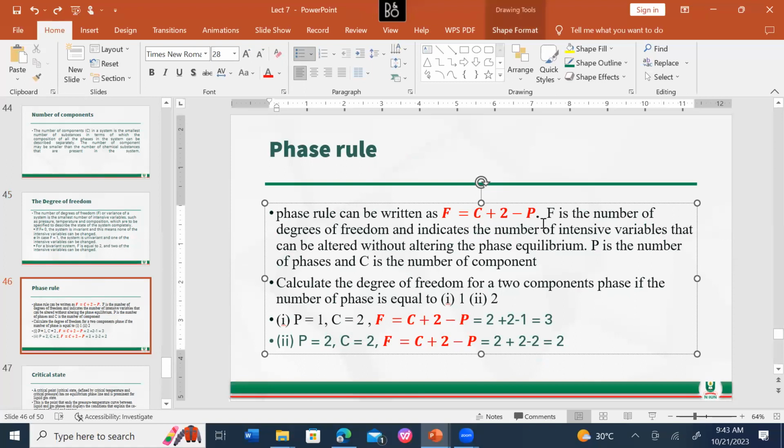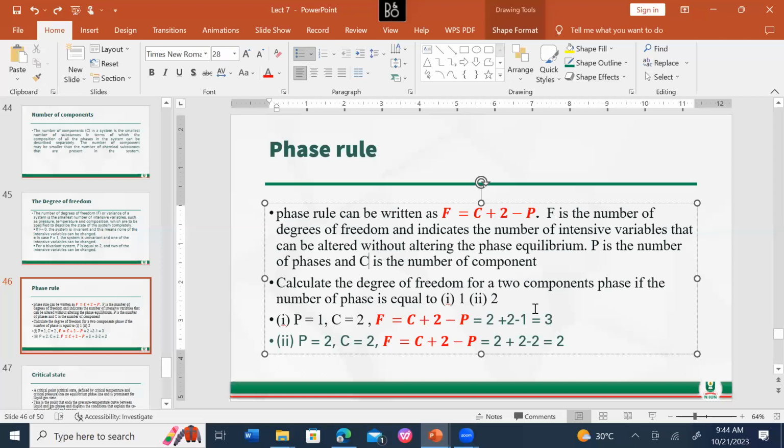P is the number of phases and C is the number of components.